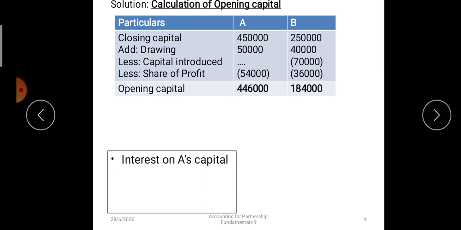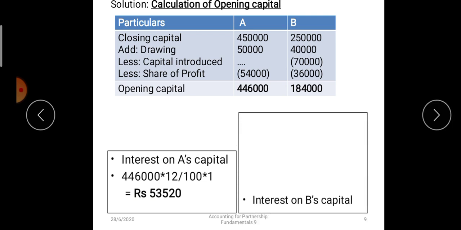So let's take A's capital. His opening capital was 4,46,000. Throughout it will be like that, as we give the share of profit. So on 4,46,000 at the rate of 12% for 1 year, the interest on capital is 53,520 rupees.